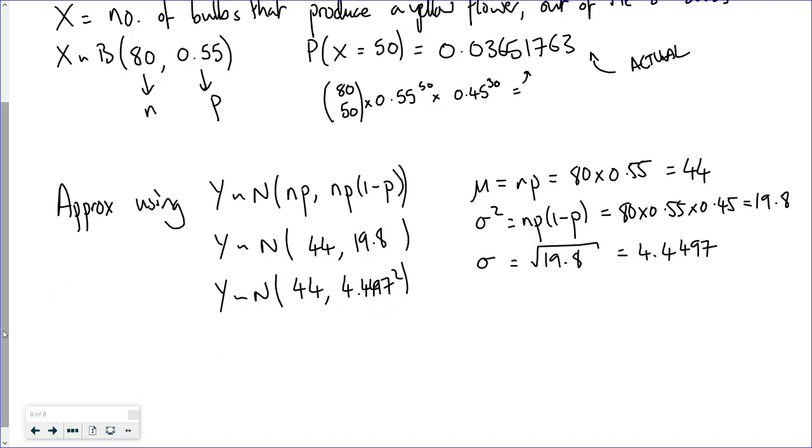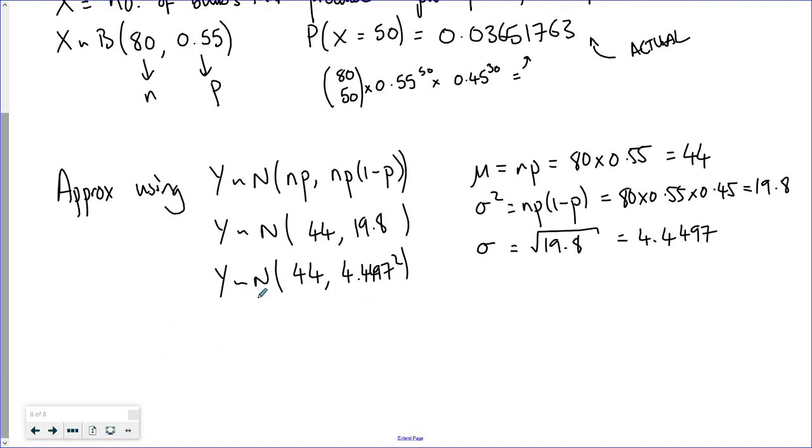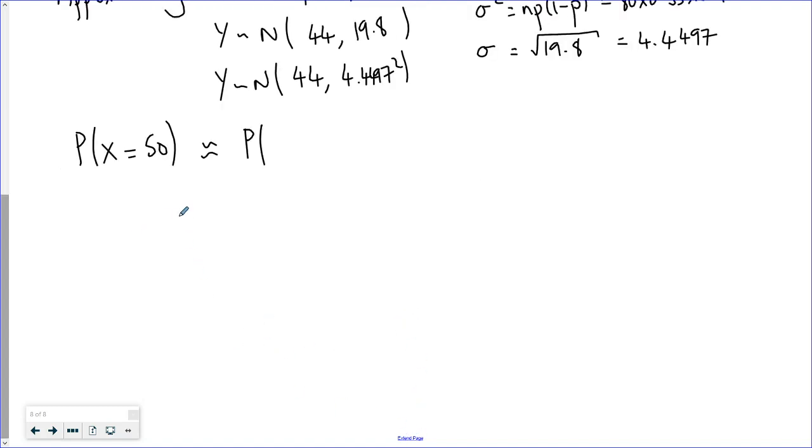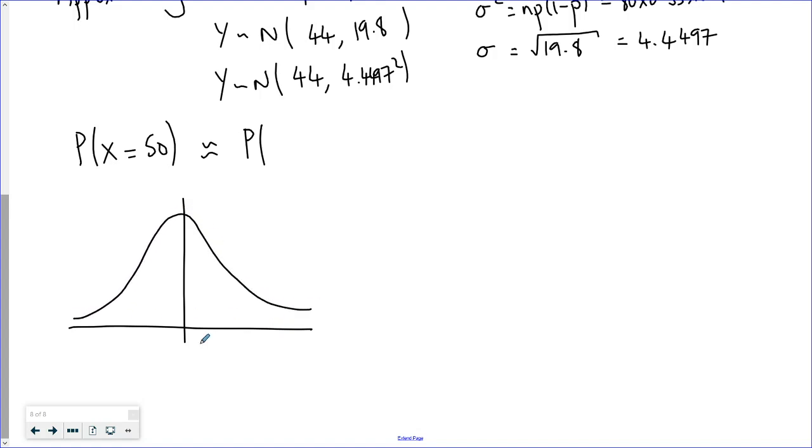So we want the probability of x being equal to 50. And we know that we can approximate that to a probability to do with y. Well, if we think about our distribution of y, in the middle we've got 44, and we're interested in this probability of being at 50.